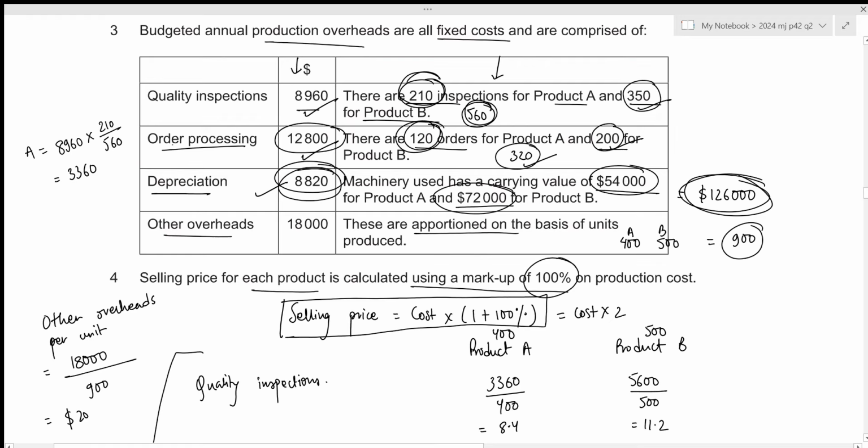There might be a huge impact on order processing, because now for product A, since we are manufacturing the components on our own, we will not have to order for those components from some other supplier, which means that the number of orders for product A will be lower. That way, more amount of order processing will be allocated to product B, which will increase its cost.